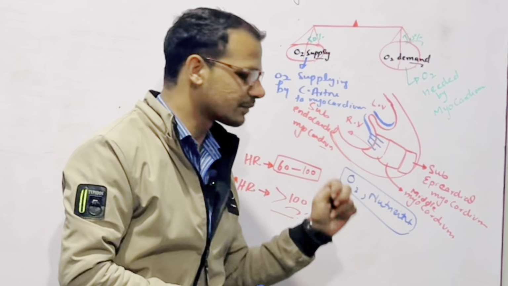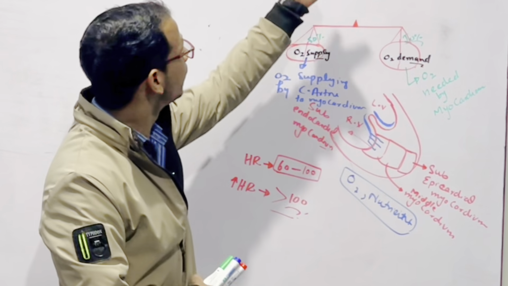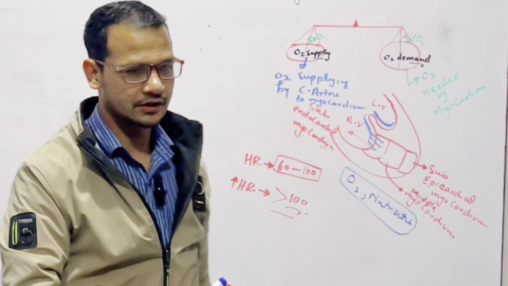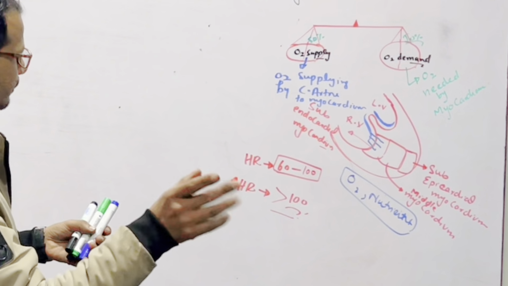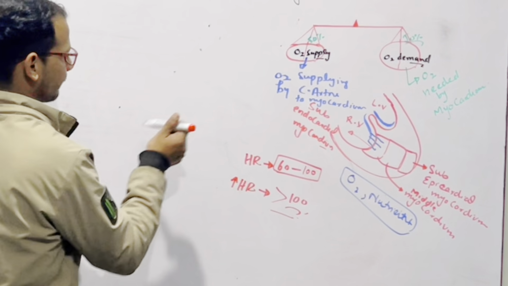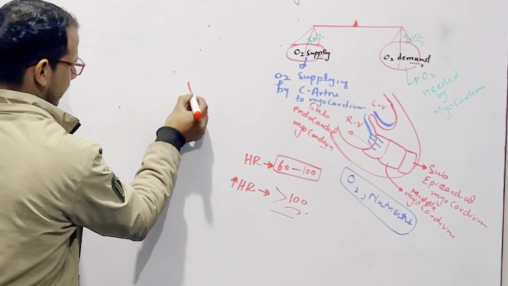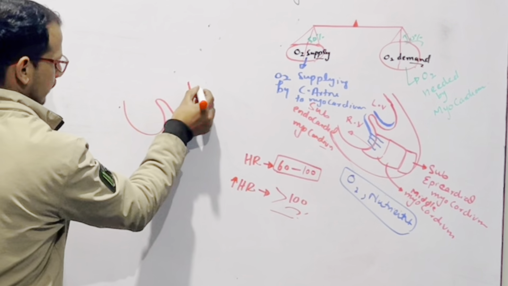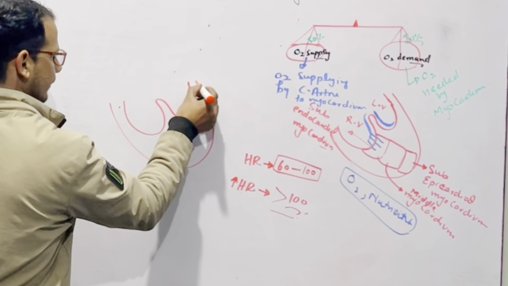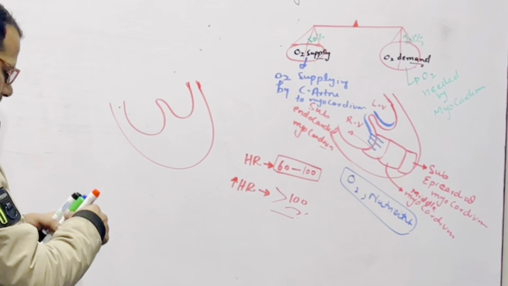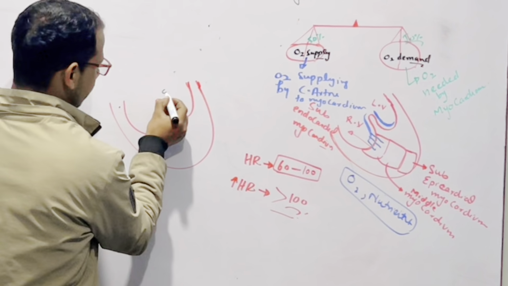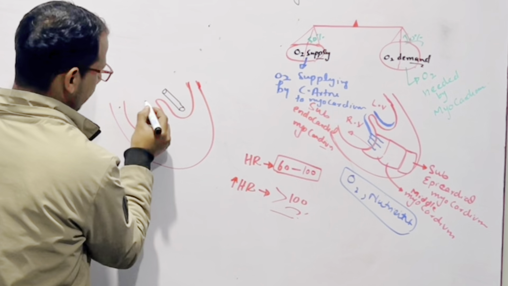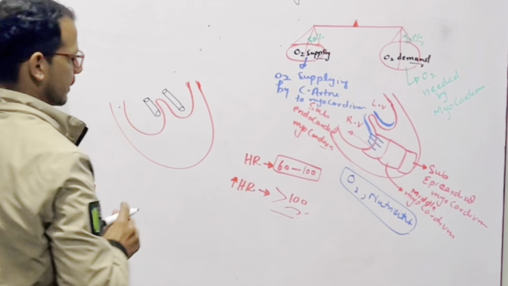If due to some pathological condition, for example, I am taking this heart again here, this is the heart and this is the coronary circulation.